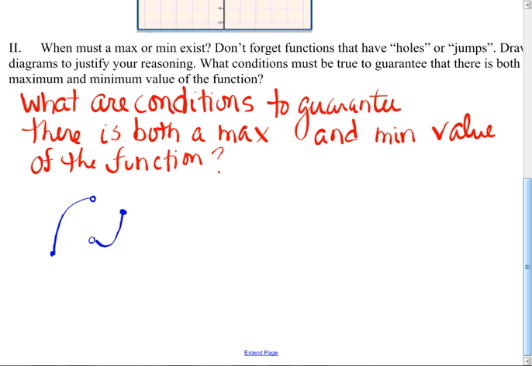We're talking absolute. Can I find an absolute max? You might say, well, I can get really close to that point there, but you know what? I can always find another one bigger. I can always do that. I have a min. There's a min. No problem there. What's the problem with this function? Why can't I have a maximum? Because it's not continuous as a whole.